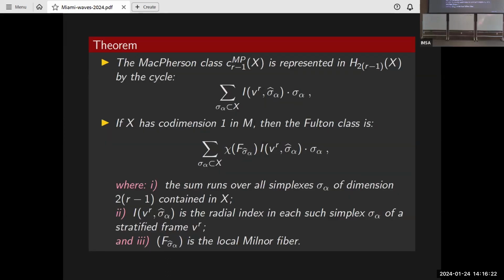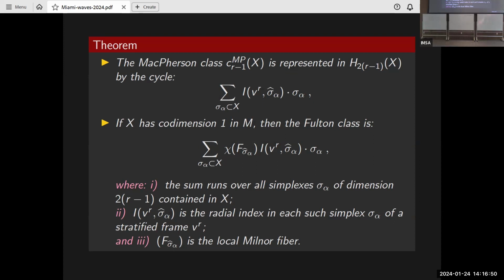We have this theorem: in each dimension, the MacPherson class is represented by a cycle in this way, where these are a generalization of the radial index. You take the strata of the correct dimension and put here a number, which is given by the radial index, and this is your cycle, which represents this class.